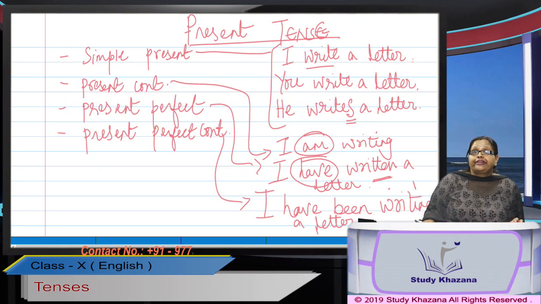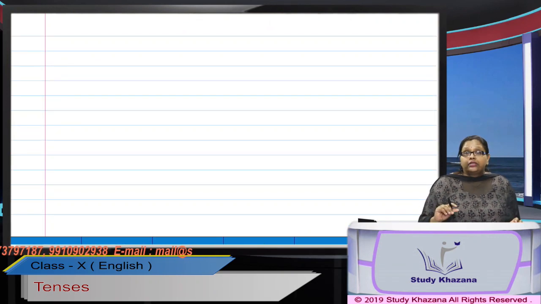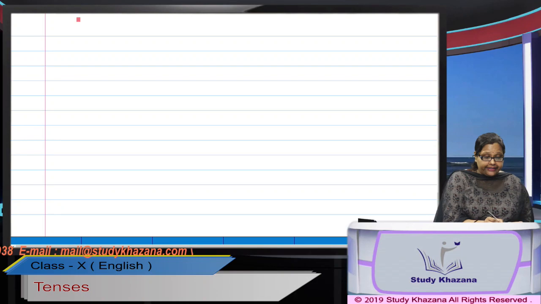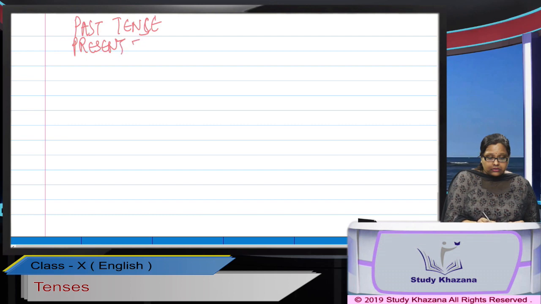Let's summarize what we have discussed today. The main tenses are past tense, present tense, and future tense.